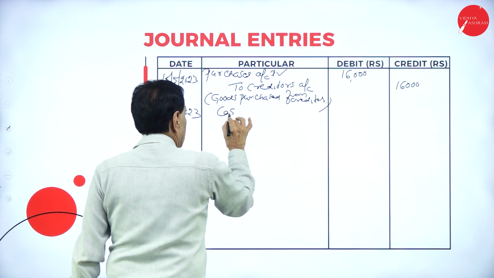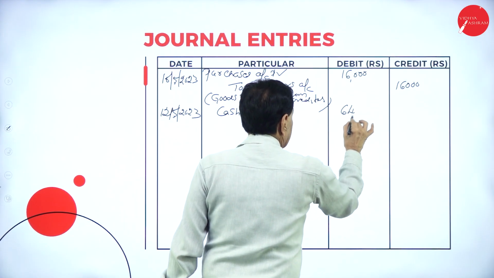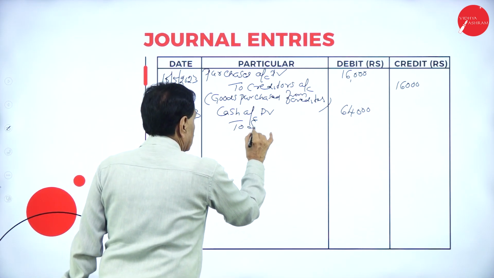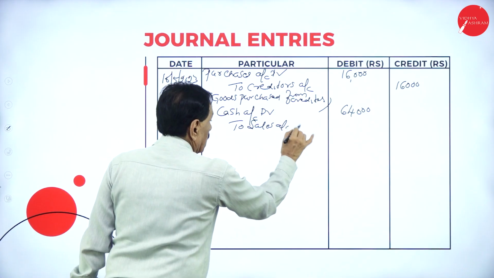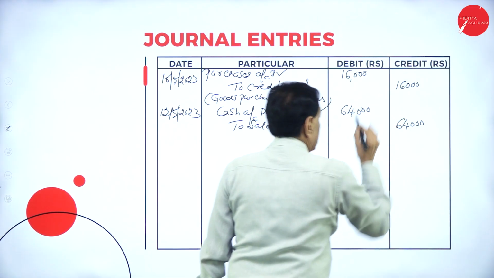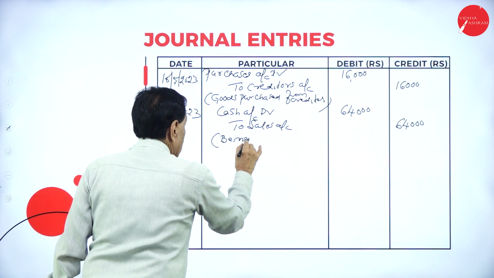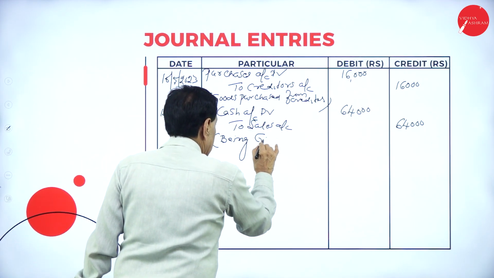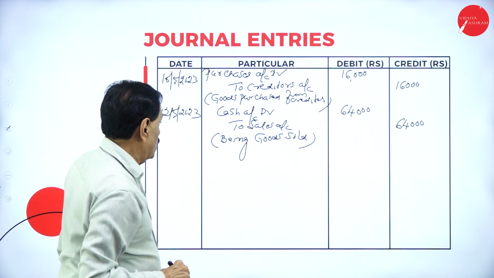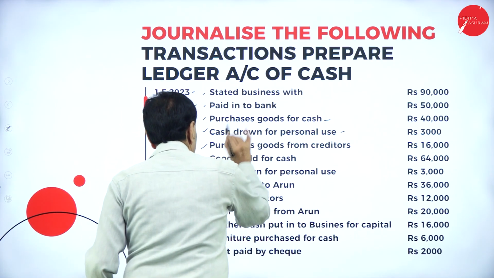Cash account debit, 64,000, to sales account, 64,000, being goods sold. This is on the 12th. The 12th is over.